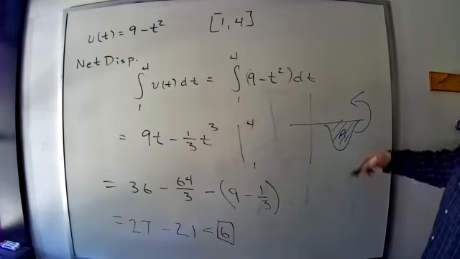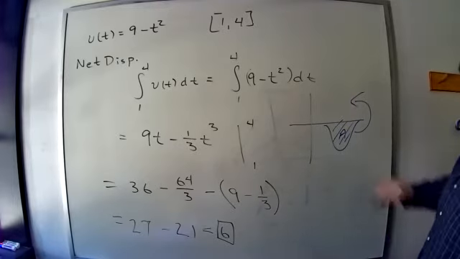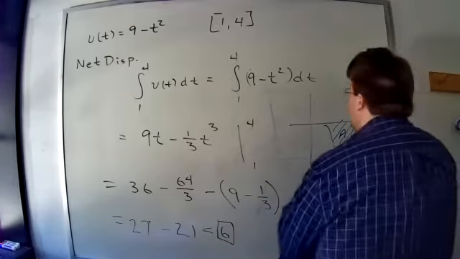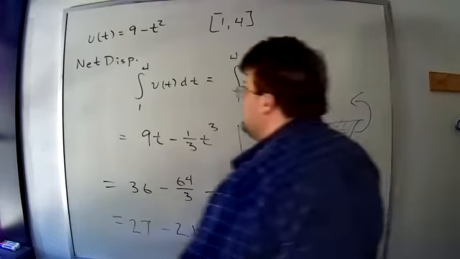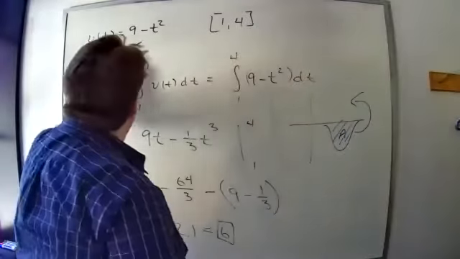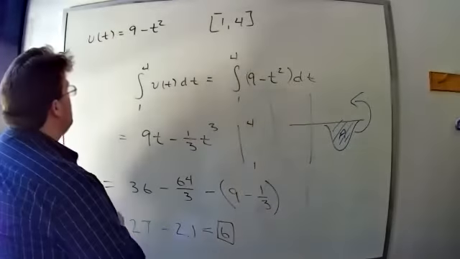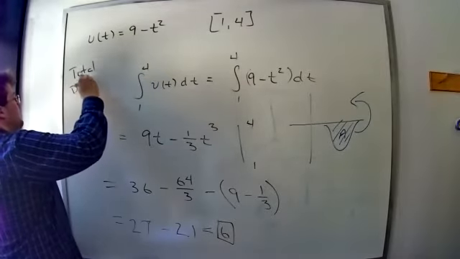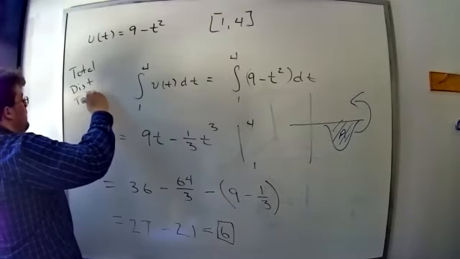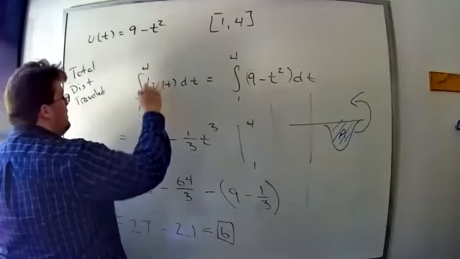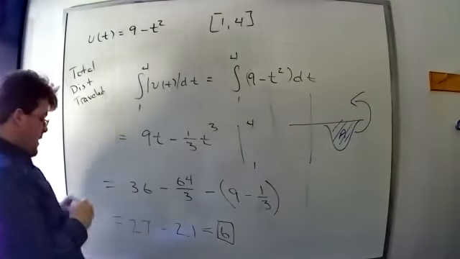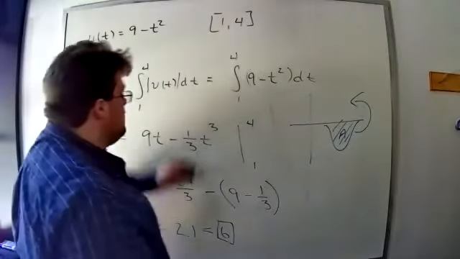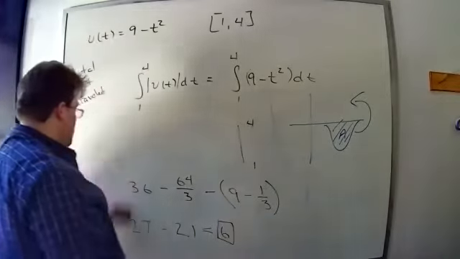So if we throw an absolute value on that, the integral will treat that as a positive. What does all that mean? Well, it means that total distance traveled is given by the integral of the absolute value of our velocity function, still on the interval 1 to 4.